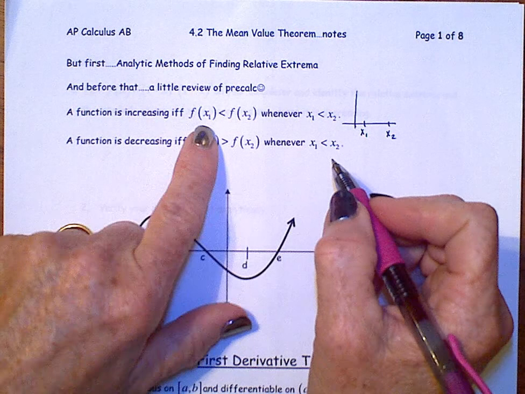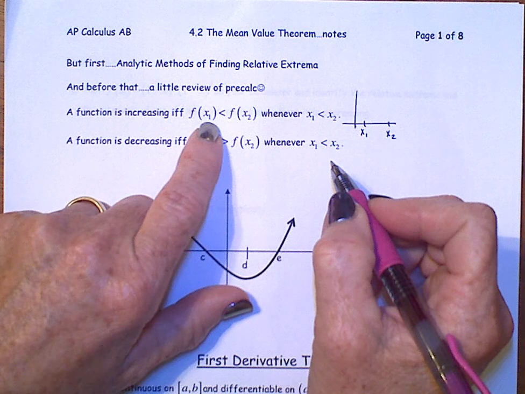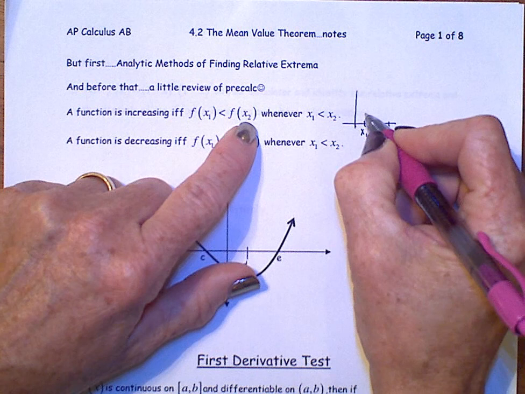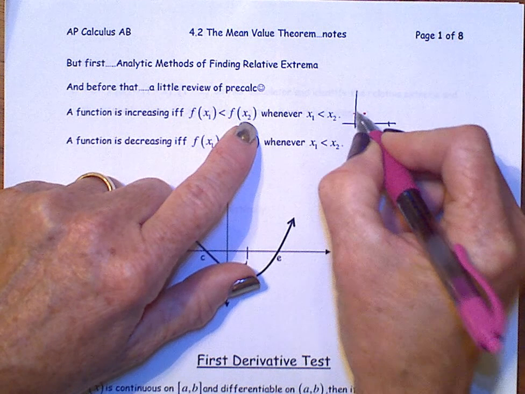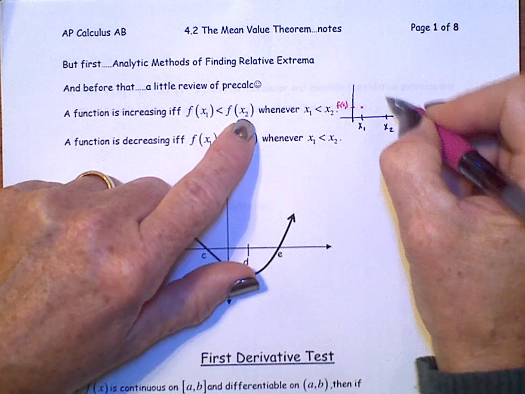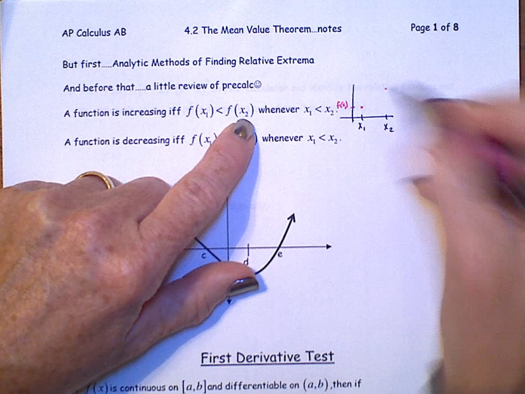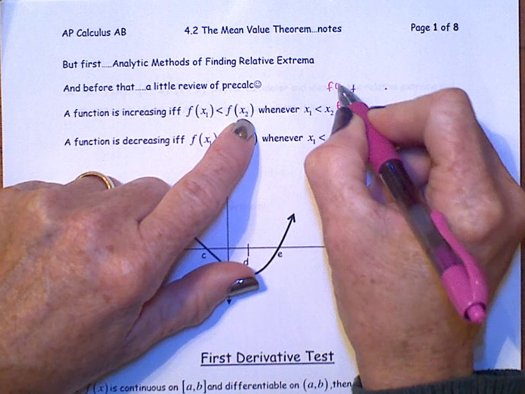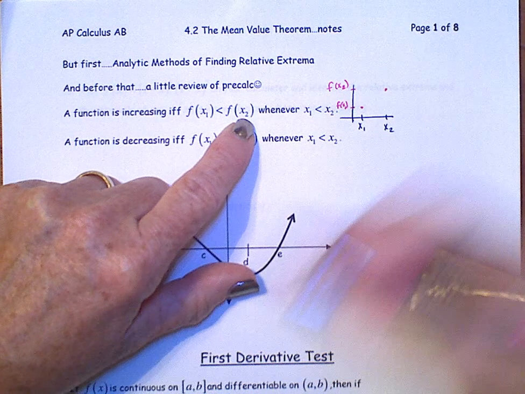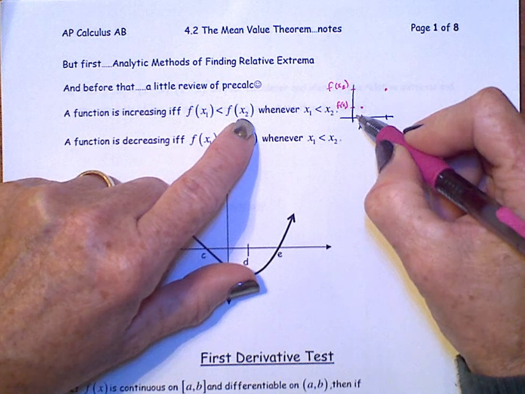And we want f of x sub 1 to be smaller than f of x sub 2. So the function value for x sub 1 is here and the function value f of x sub 2 is larger. Well, clearly this function is increasing.